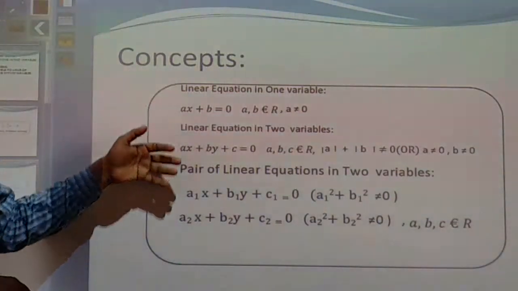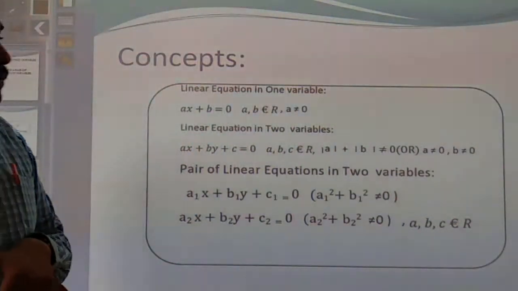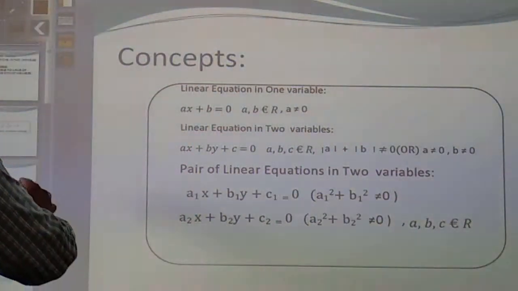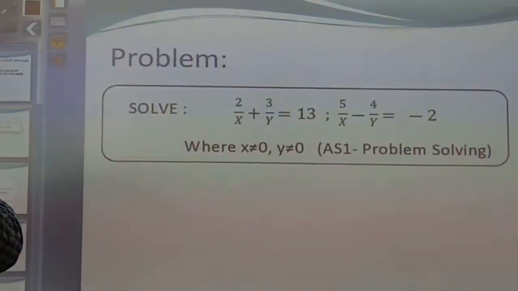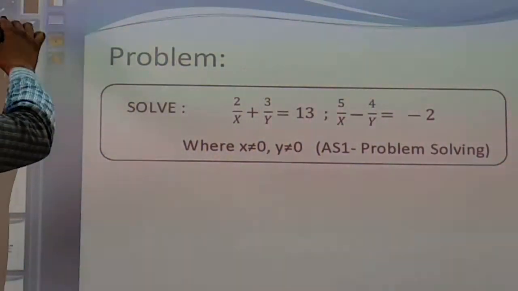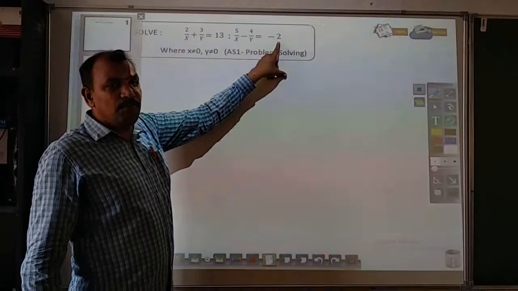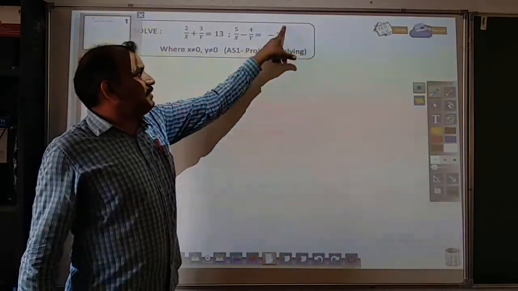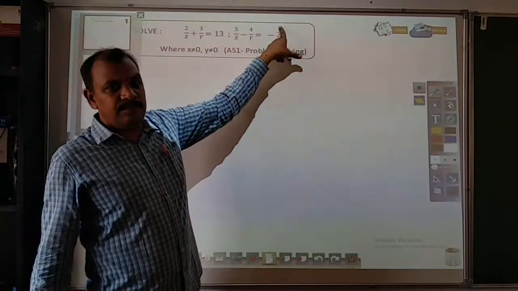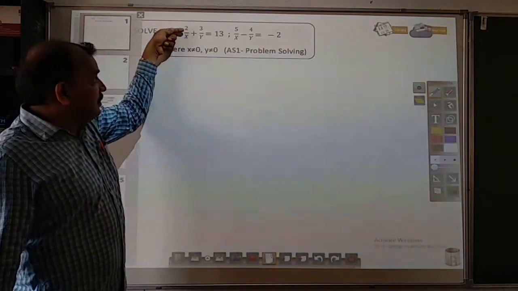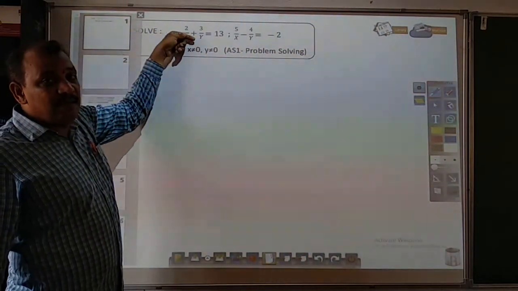So, these are the three concepts involved in the given question. Solve 2 by x plus 3 by y equals 13, 5 by x minus 4 by y is equal to minus 2. The given two equations are not in linear form because in the equations the variables are in the denominator.